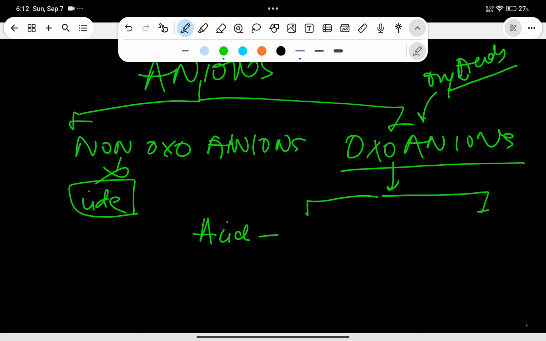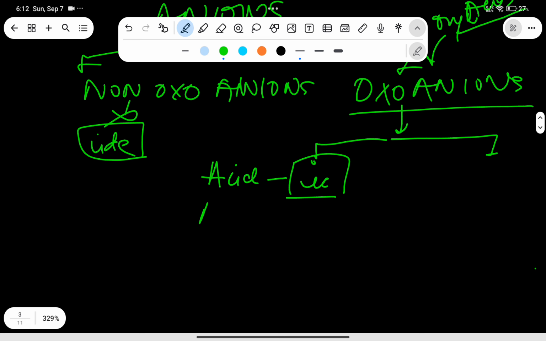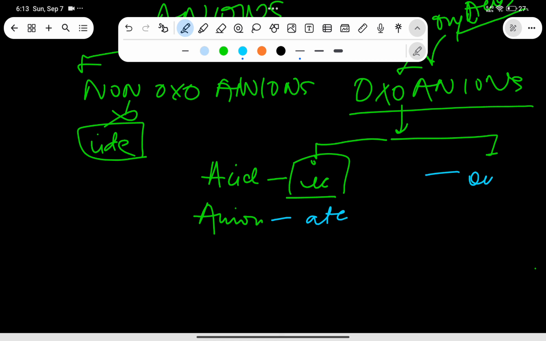Now if the oxyacid name ends with ic, then the anion would end with the suffix ate. And if the acid name ends with ous, then the anion name would end with ite.